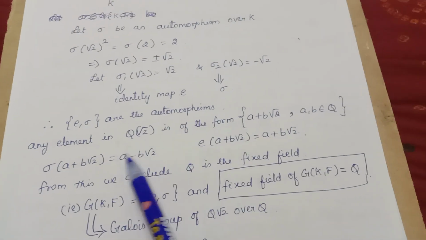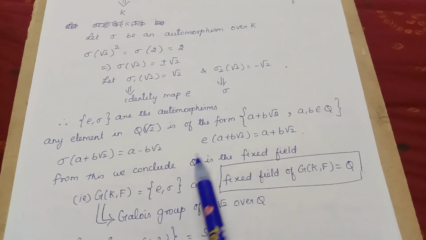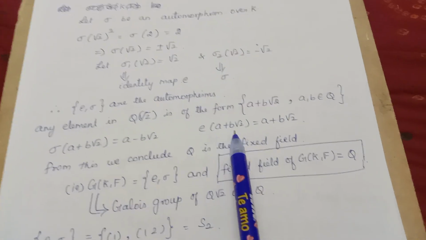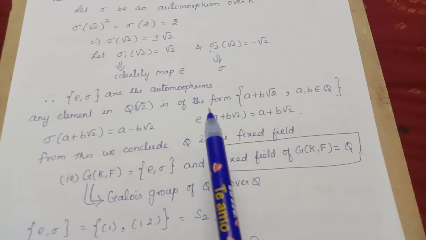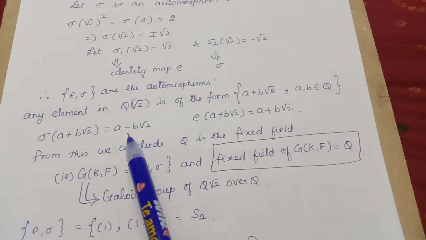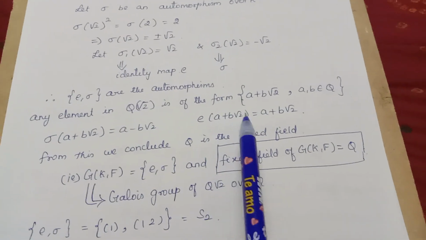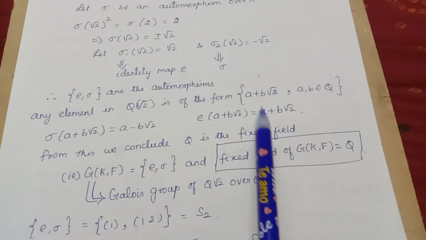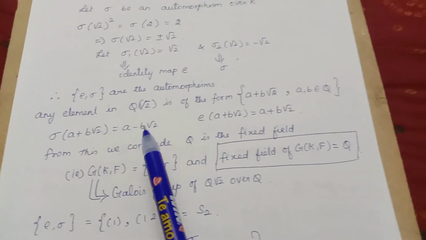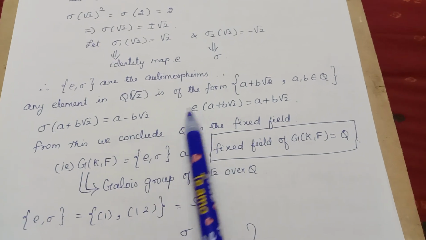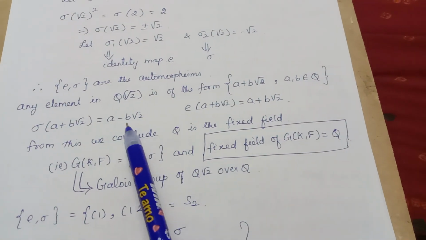So if you look at these two automorphisms, these two are the only automorphisms. What are the elements left fixed by these two automorphisms? See, this brings the same element, but here this changes it into a minus b root 2. So to find the elements fixed by these two automorphisms, this b should be 0.